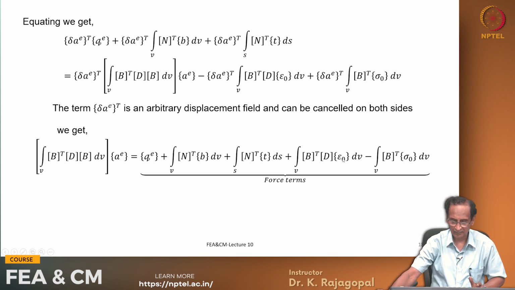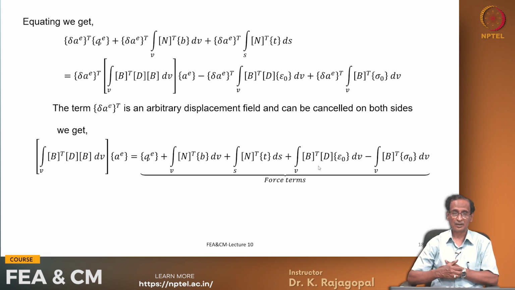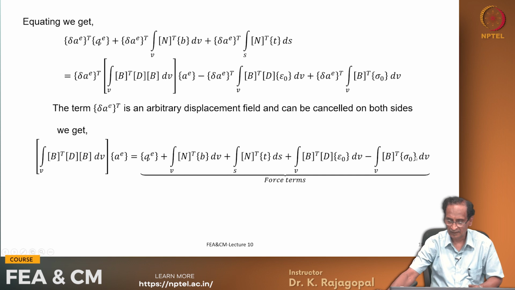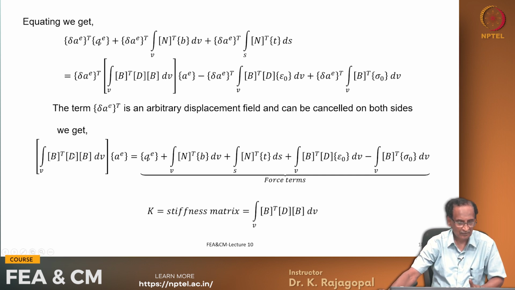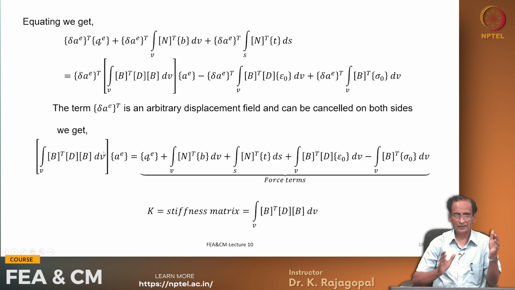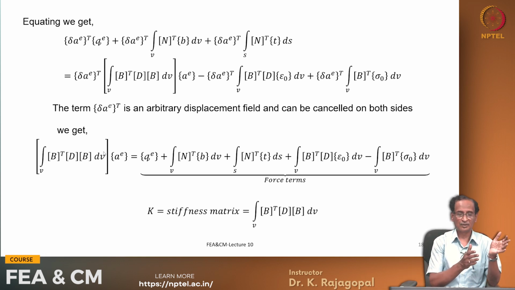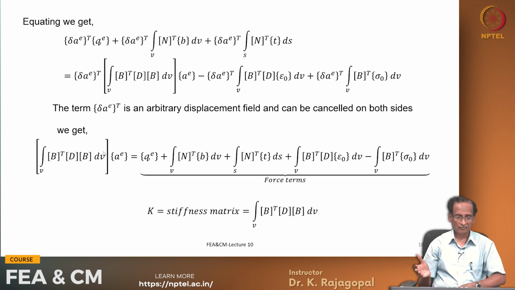B transpose D epsilon naught is the vector of nodal forces because of the initial strains, and B transpose sigma naught is the vector of forces because of the initial stresses. And so, here on the left hand side we have the quantity B transpose D B integrated over volume and multiplied by the displacement vector AE, and that is equal to force.